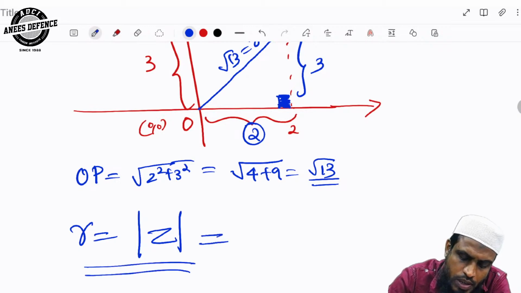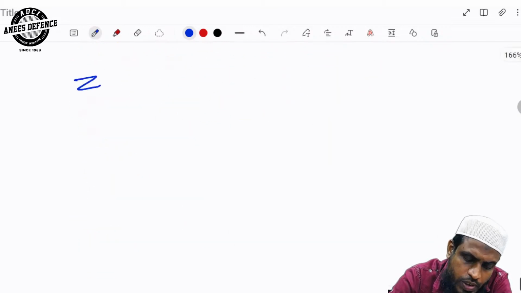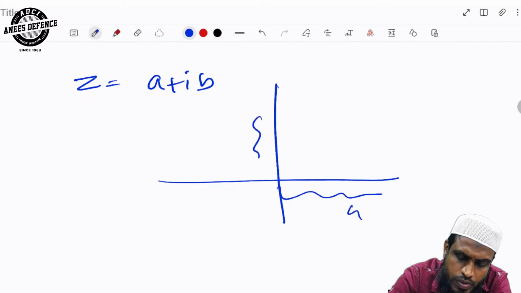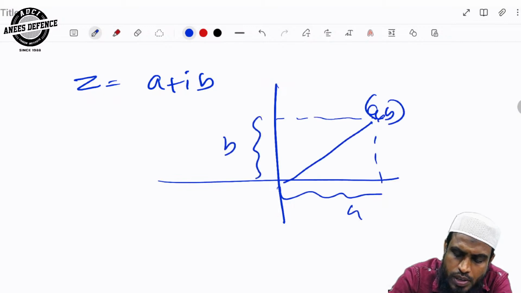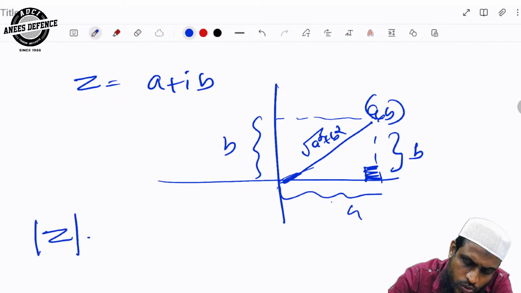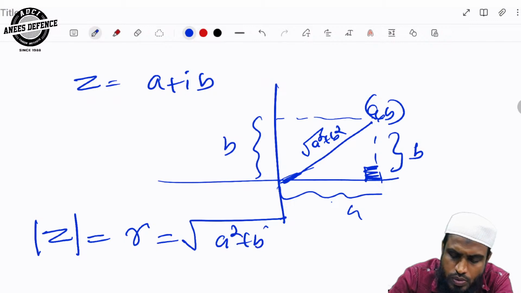That is, if z is equal to a plus ib, and this is a and this is b, this point is (a, b), and you get a right triangle with 90 degrees, with sides b and a. So this length will be root of a square plus b square. So the modulus of z is r, equal to root of a square plus b square.